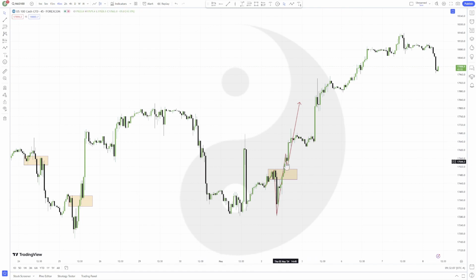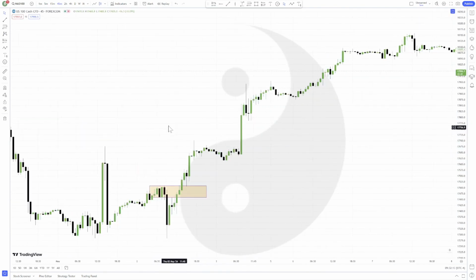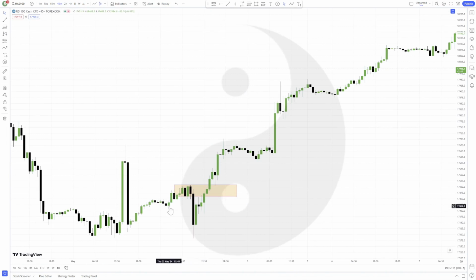Okay, so I'll do away with this and then we examine. All right, so this was our first move up. Then we came down here, taking liquidity from this low.